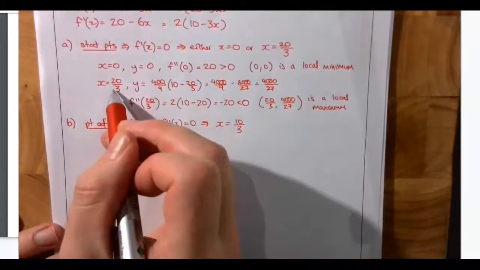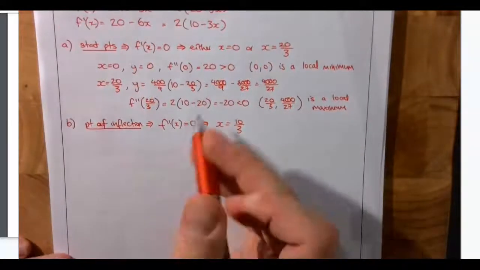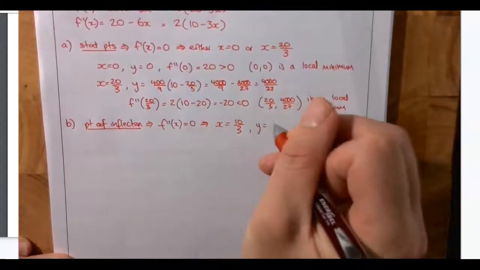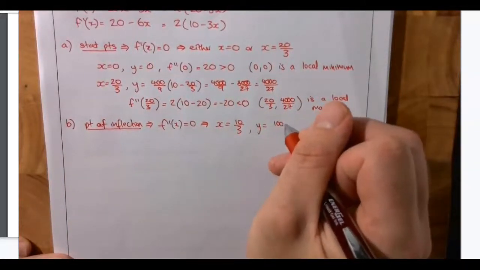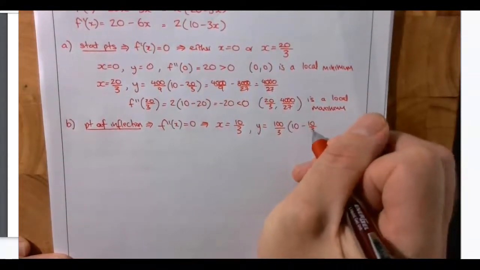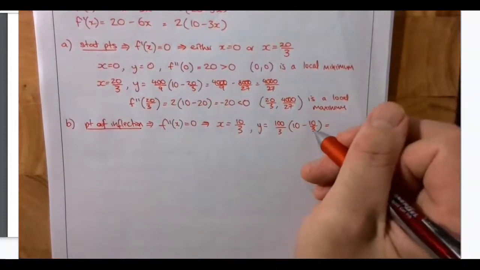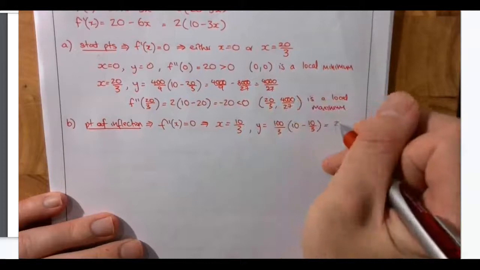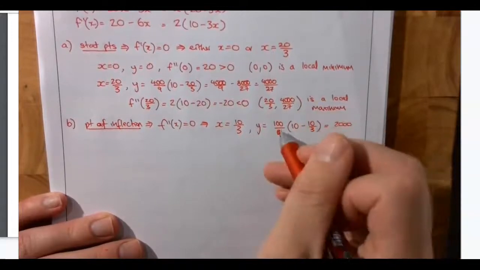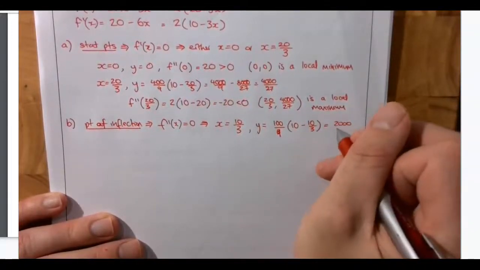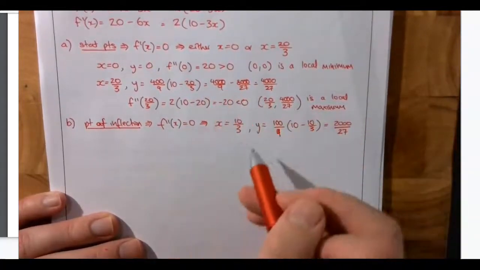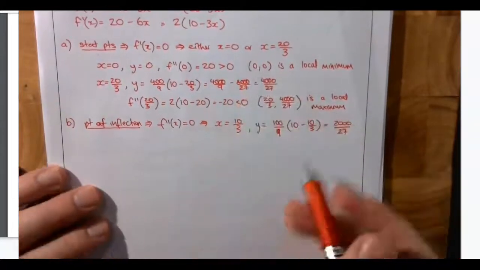So halfway between the minimum and the maximum point, meaning that substituting in, y is 10 squared, so 100 over 3 times 10 minus 10 over 3, or simplified 20 over 3, 2000, sorry, this was 100 over 9 because I squared it, 100 over 9 times 10 minus 10 over 3, 2000 over 27. Interestingly, x coordinate and y coordinate both halfway between the two stationary points.